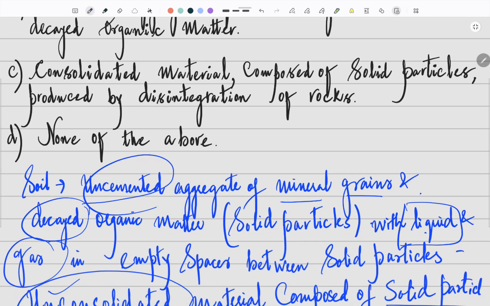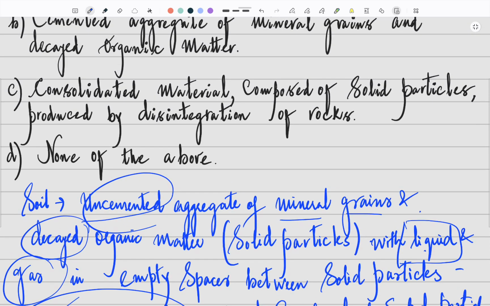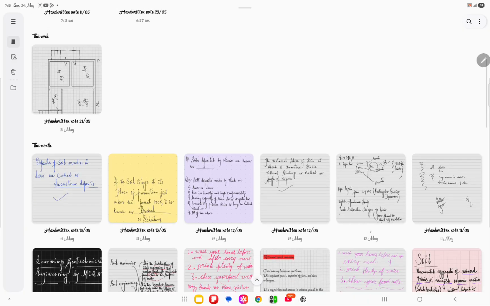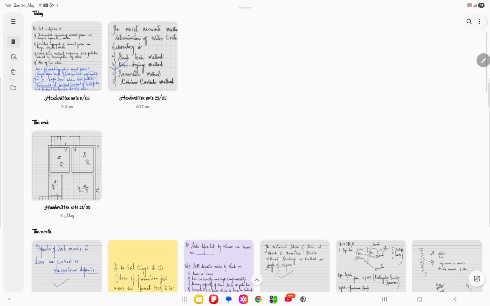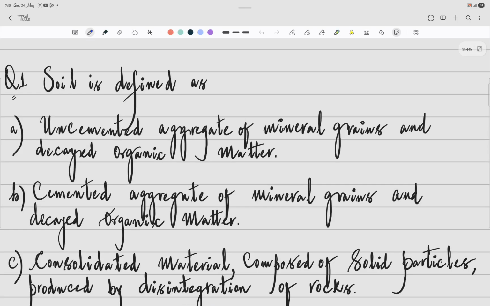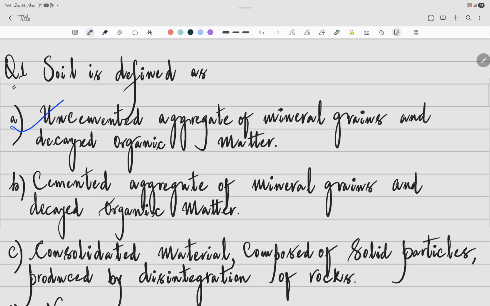Not really. Soil is the unconsolidated material. And the last option is none of the above. So the correct answer is, soil is defined as uncemented aggregate of mineral grains and decayed organic matter.